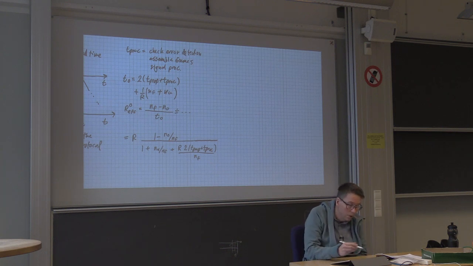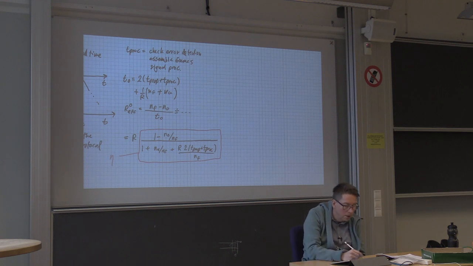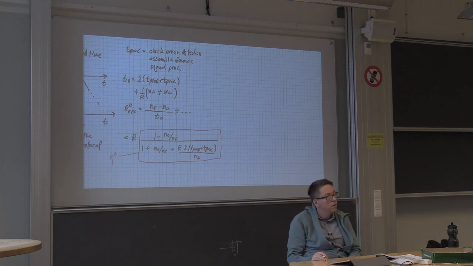So this fraction here, whatever is in red, this is the efficiency. And since we have 0 errors, it's n to the with this notation n0.